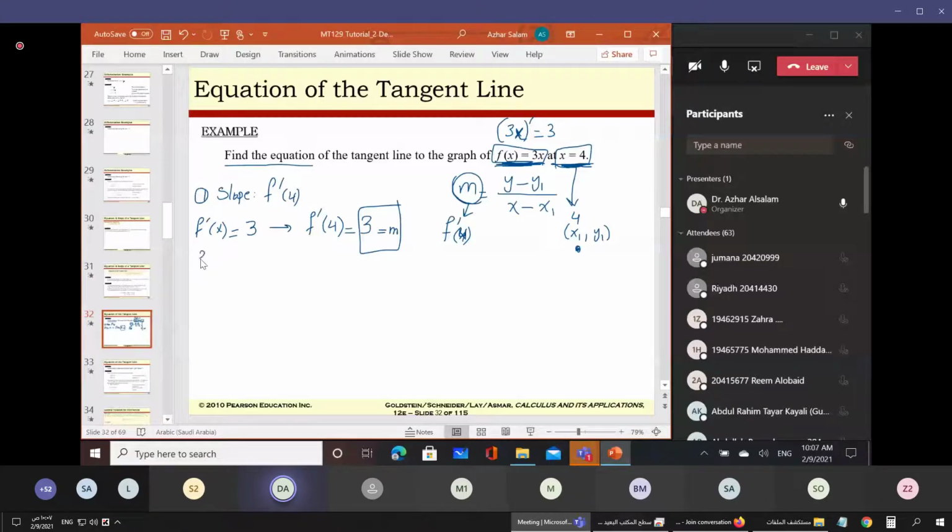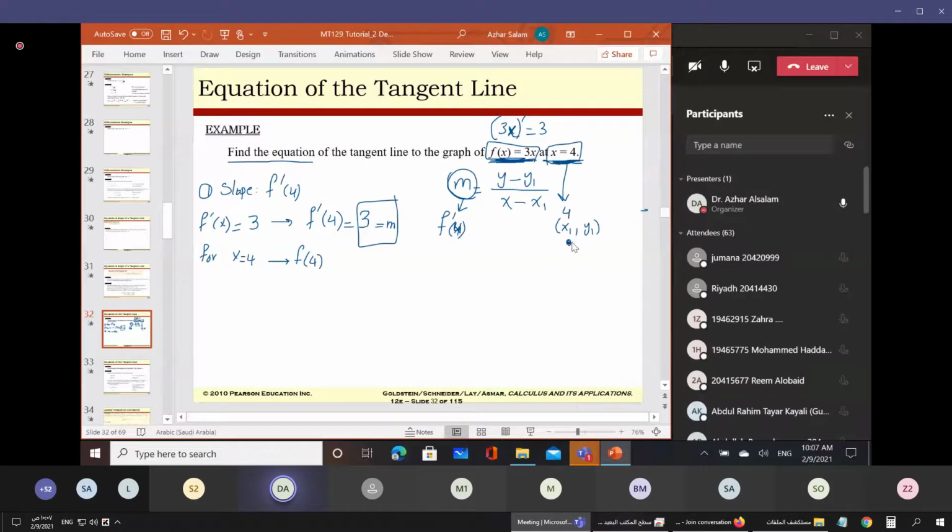So for x equals 4, f of 4, notice, not f dash of 4, f of 4. I want to find the coordinates of a point in the plane. The purpose here is to find the coordinates of a point in the plane, not the derivative or the slope. So I go back and substitute in the original function. It will be 3 multiplied by 4, which is 12. So I have a point, which is 4 and 12.